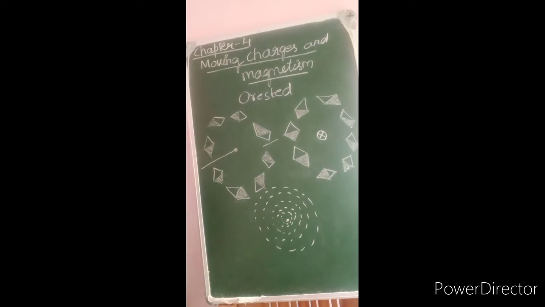Consider this as the third diagram. Thus, from this experiment, Oersted concluded that the moving charges or the currents produce a magnetic field in the surrounding space. This is the conclusion of the Oersted experiment.